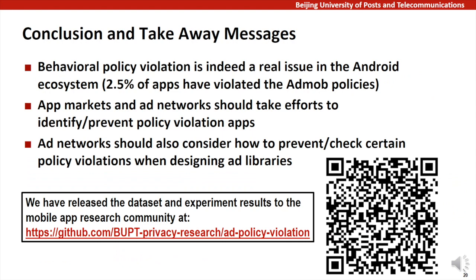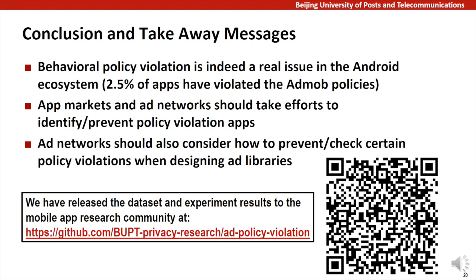Okay, for the conclusion and takeaway messages, in this work we found that behavior policy violation is indeed a real issue in the Android ecosystem, and roughly 2.5% of the apps in our experiment have violated the Admob policies. So we think the app market and ad networks should make efforts to identify and prevent policy violation apps.